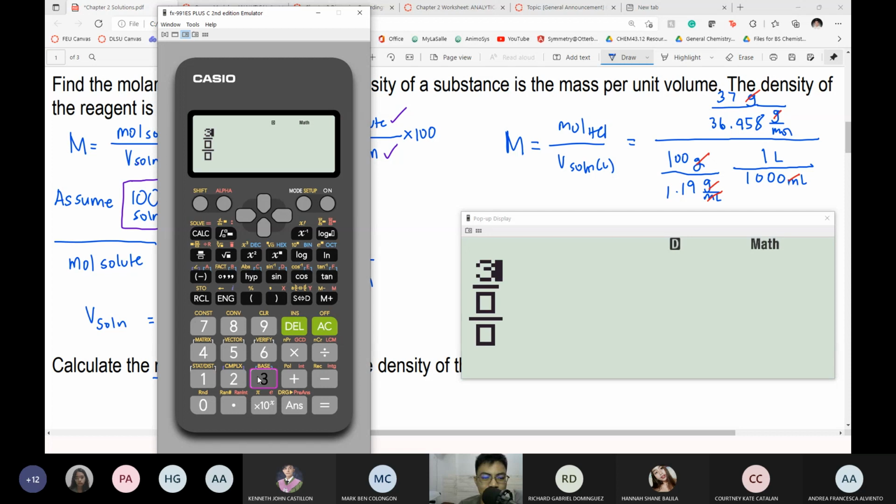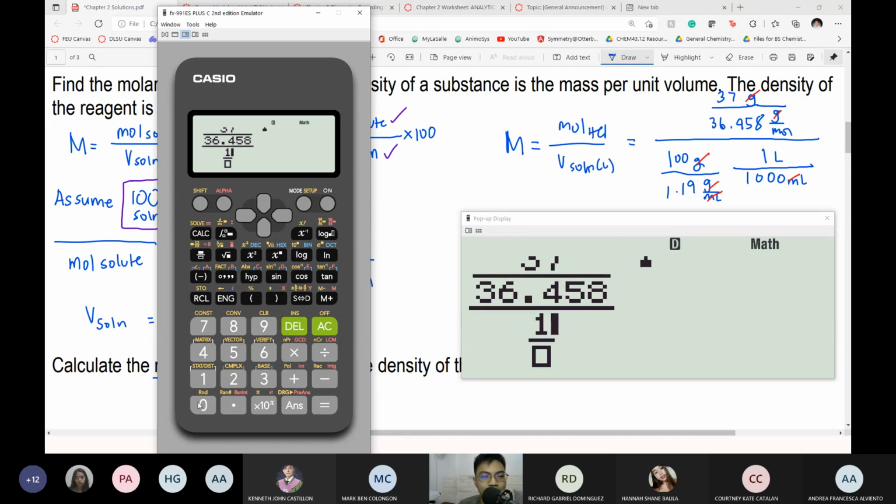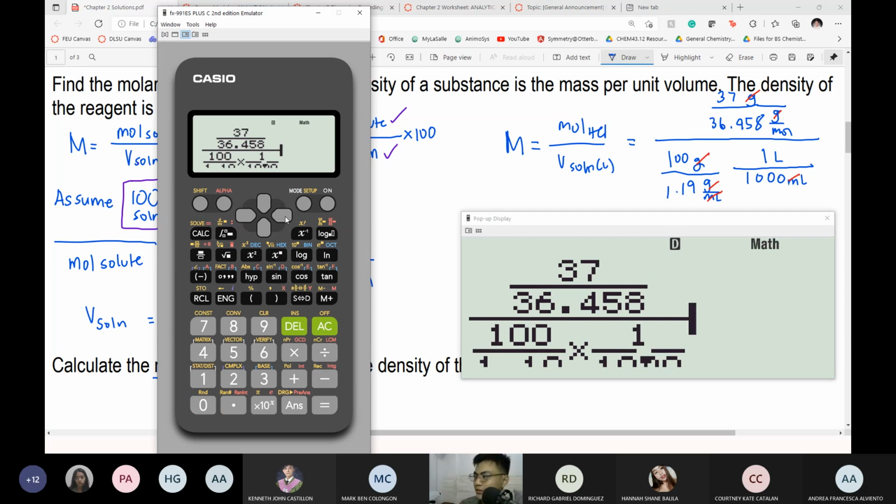So, sa taas, 37 divided by 36.458. Then, sa denominator, may fraction ulit. 100 divided by 1.19. Then, you multiply this by 1 over 1,000. Oopsie, sumobra. Okay?